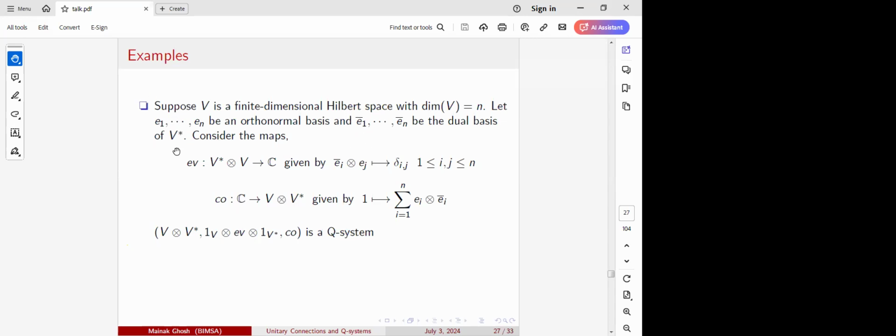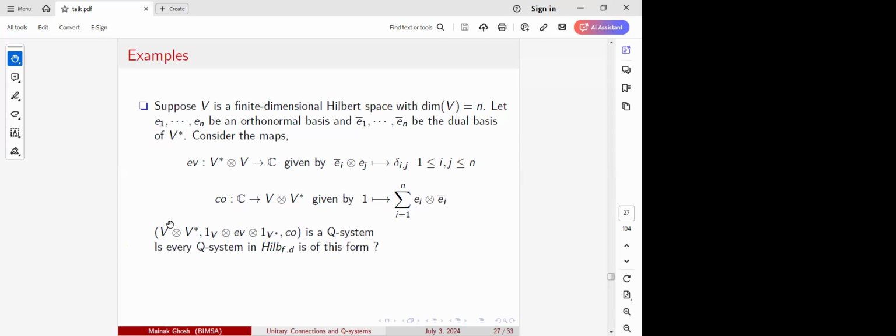Now these basis vectors give the following evaluation and co-evaluation maps, and using these maps, it will turn out that V tensor V star is a Q system, where the multiplication map is given by identity of V tensor evaluation tensor identity of V star, and the unit map is given by co-evaluation. So it is easy to verify that V tensor V star is a Q system. Now the question is whether every Q system in the category of finite dimensional Hilbert spaces is of this form or not.